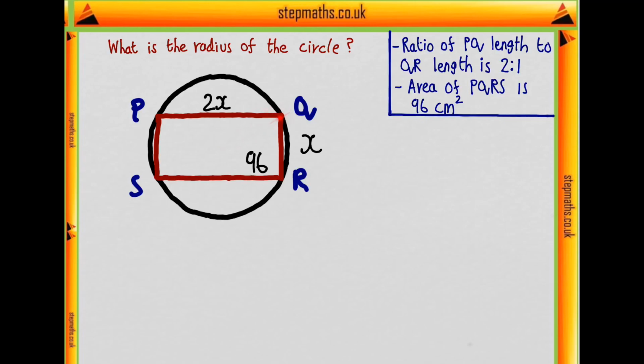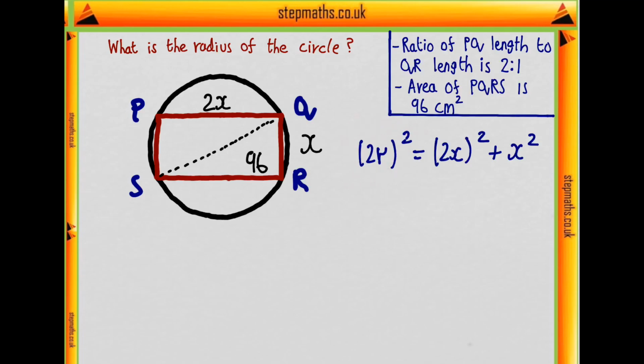Now the radius is, basically if we drew between Q and S, then half of this distance here will be the radius. But QS in its entirety is quite an easy distance to find, because we've just got a right angle triangle here. So this distance is 2r, right?